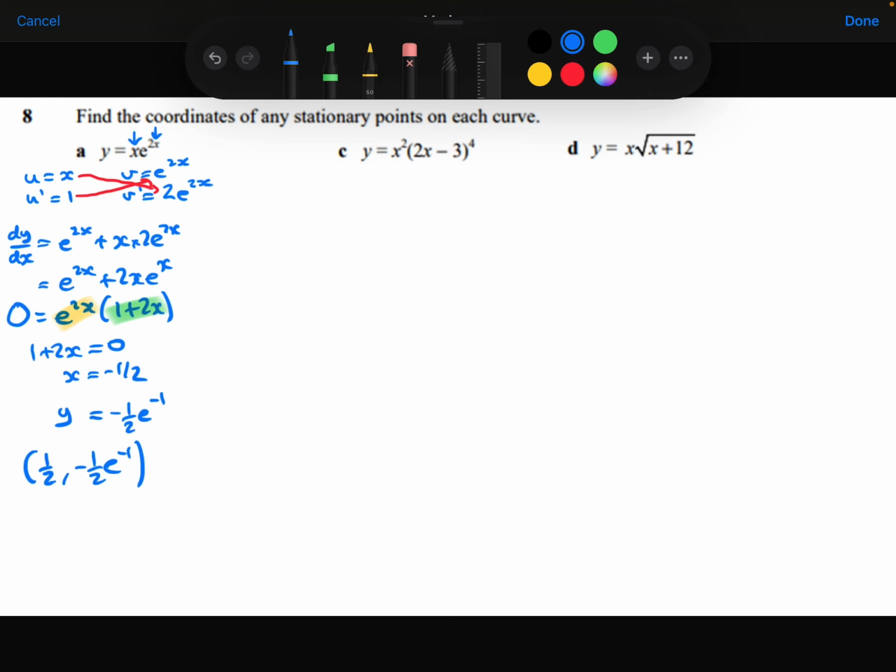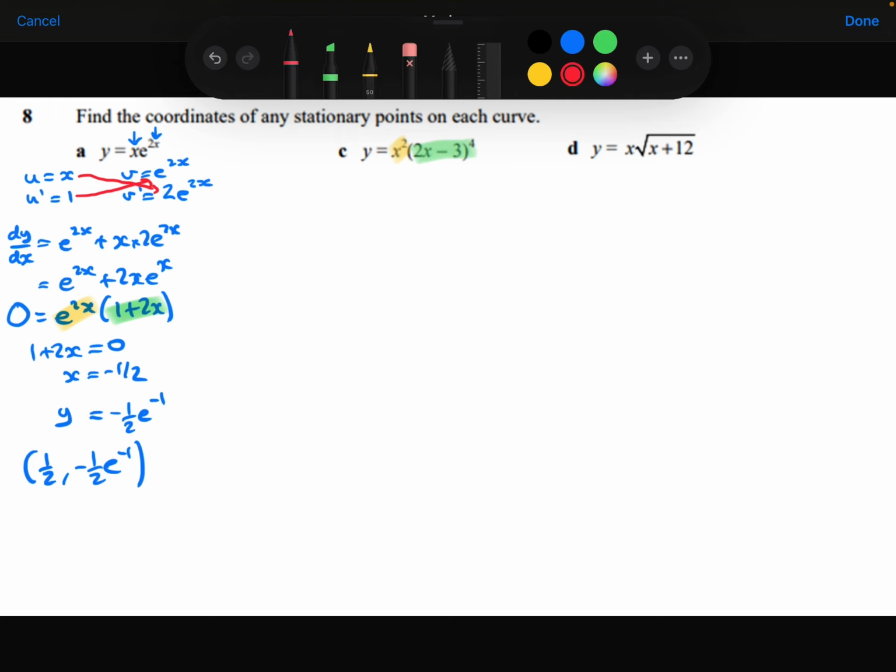Next, we've got y equals x squared times 2x minus 3 to the power 4. So again, we're going to be using the product rule on this because I've got the x squared being multiplied by the 2x minus 3 to the power 4.